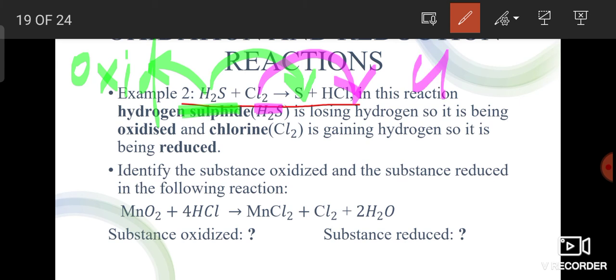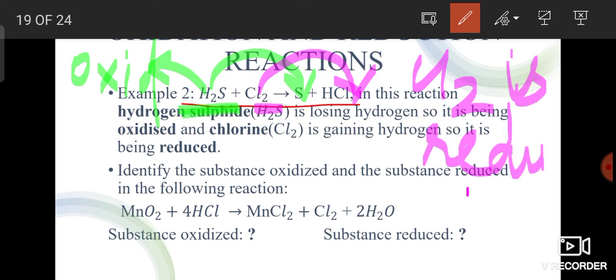So chlorine, which is Cl2, is getting reduced. Okay. So chlorine is the substance which is getting reduced because it is accepting hydrogen. Okay. Understood? Now the other part of it, that is, which is the oxidizing agent and which is the reducing agent.